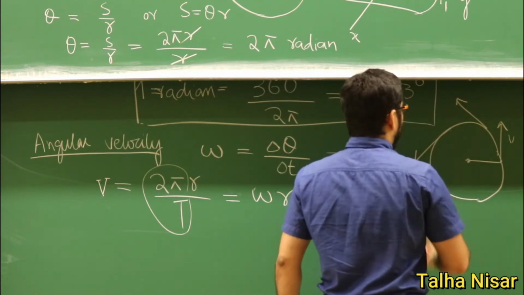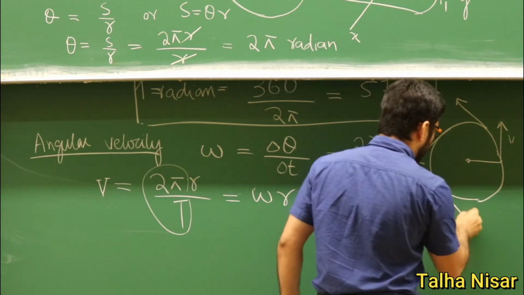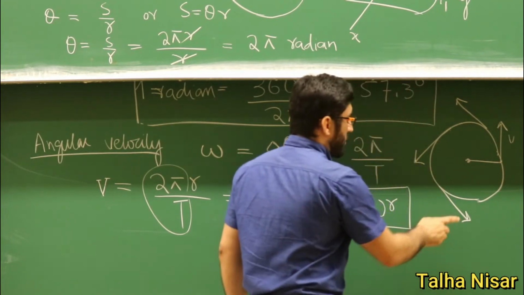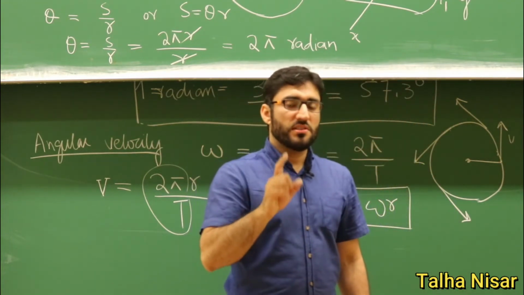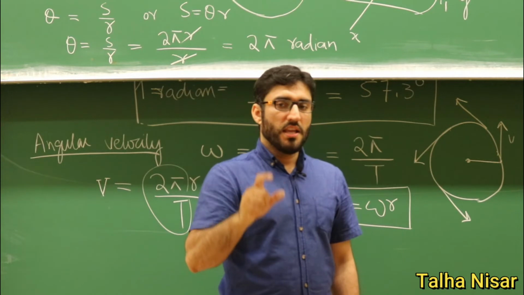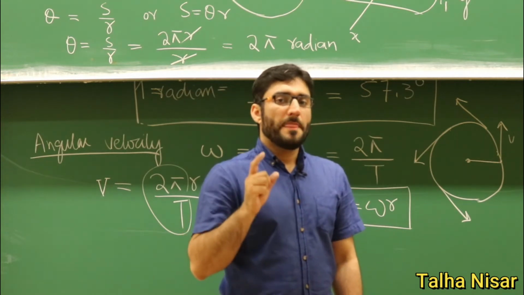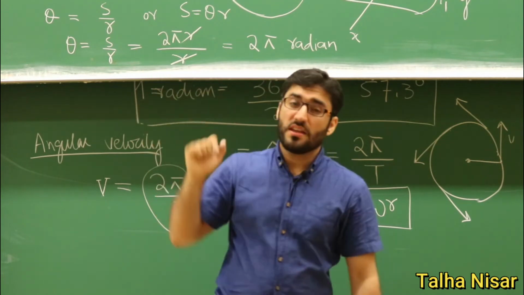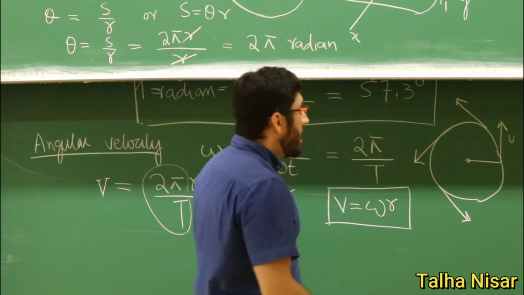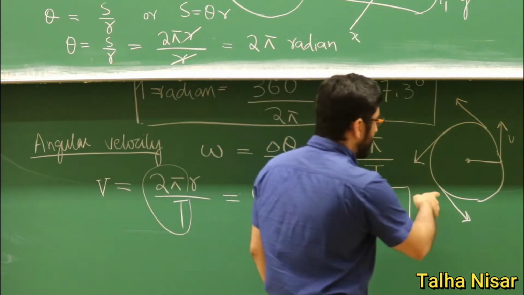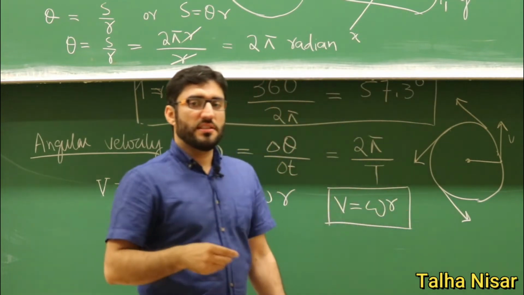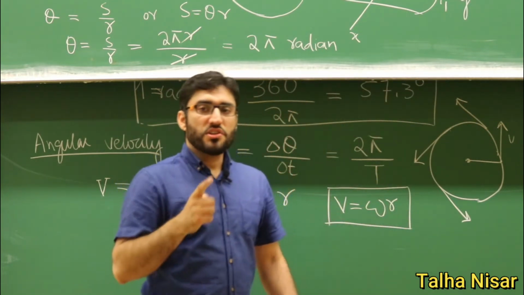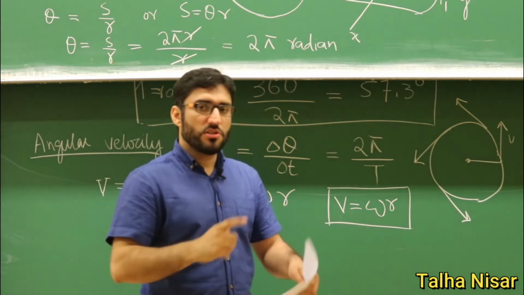So there is a change in the direction of the velocity, not the magnitude, because this is uniform circular motion. The magnitude of the velocity is the speed, and the speed is the same in this case. That's why this is known as uniform circular motion. But the direction of the velocity is changing. If the direction is changing, that means the velocity is changing.